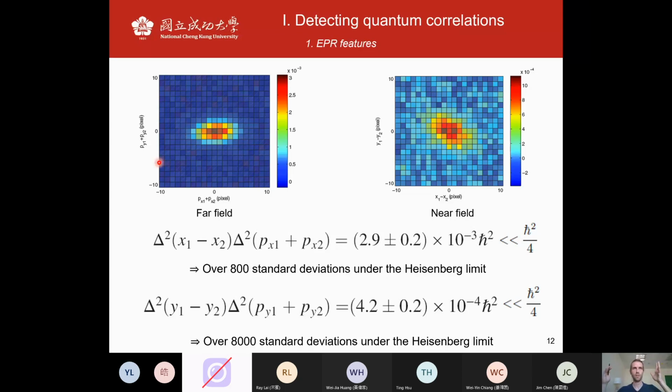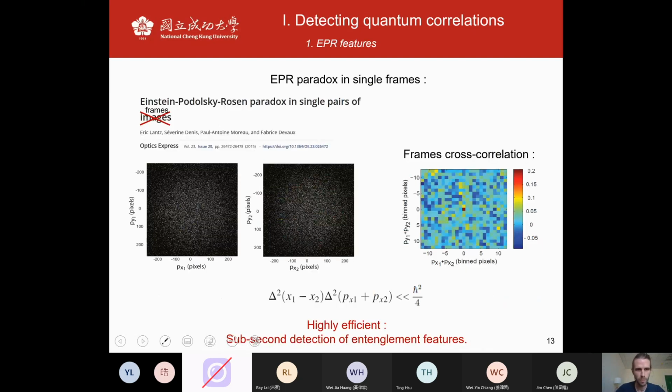I think we had over 1,000 frames here to get this correlation peak. Nevertheless, using these features, we are able to show that we go below the Heisenberg limit, and therefore we have this EPR steering happening in the quantum state here.